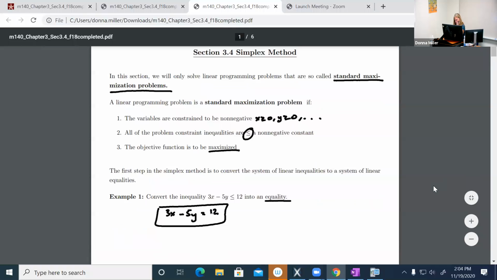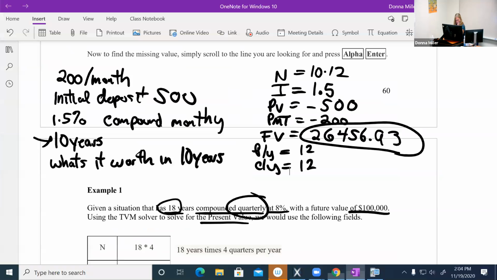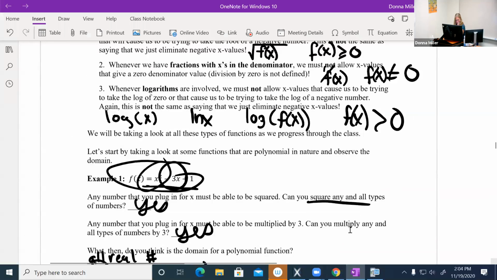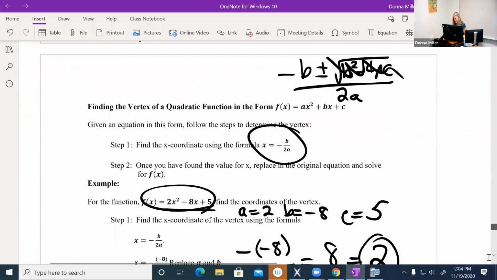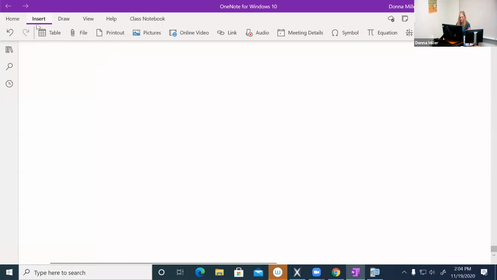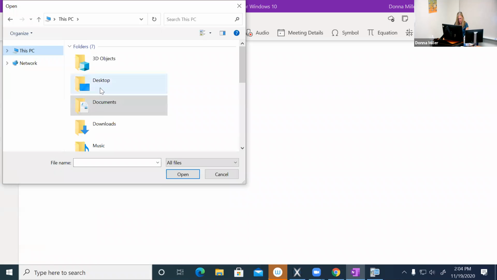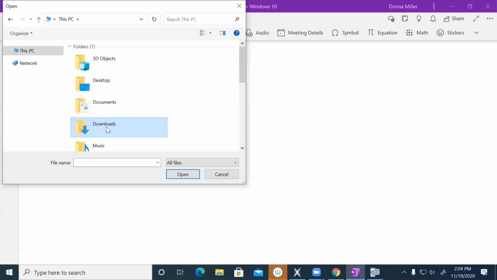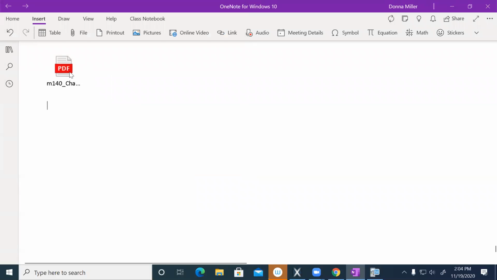I'm sorry, I'm having an issue with my pen right now. What if I just do it in OneNote? Let's do it this way. I'm going to insert this file. Oh, I want to print out. This PC. Just downloaded it. Okay, where is it? There it is.